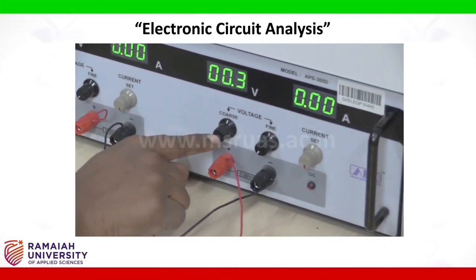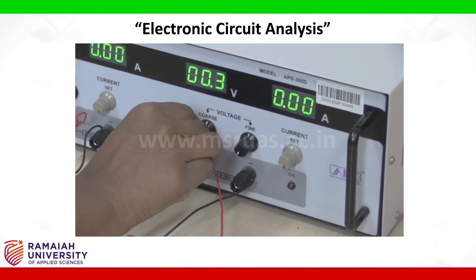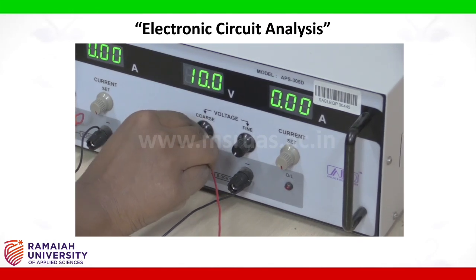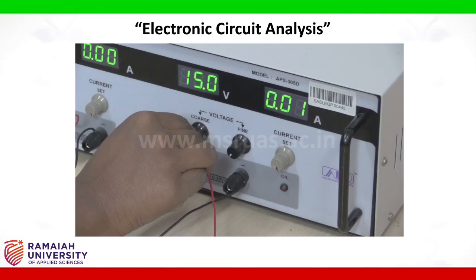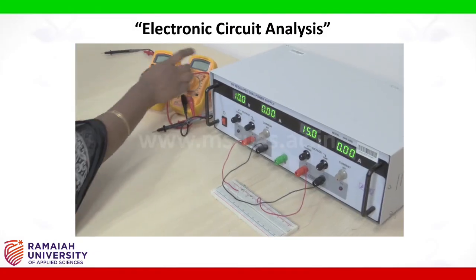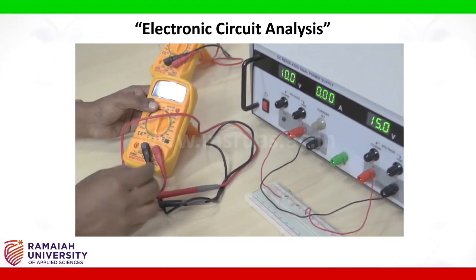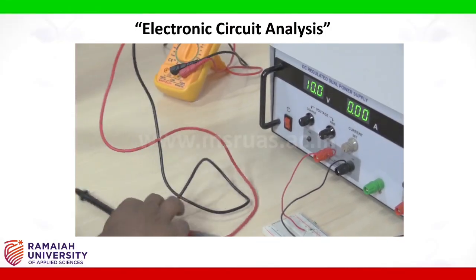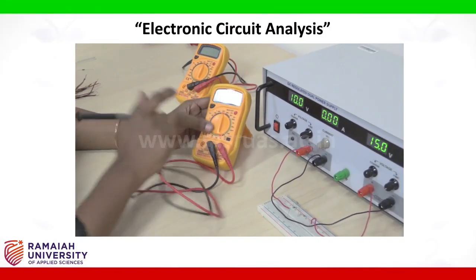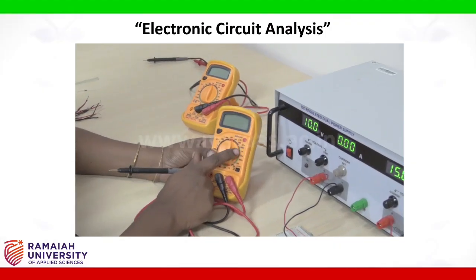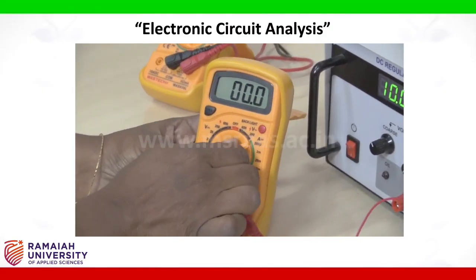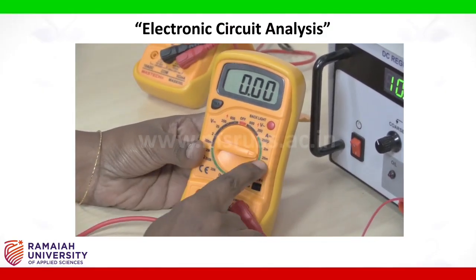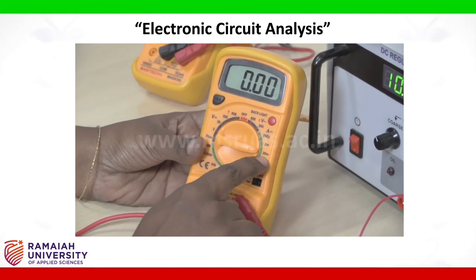Source 2 voltage, let it be 15 volts. Now take ammeter, put this in DC current reading. Let the setting be in 20 milliamps.